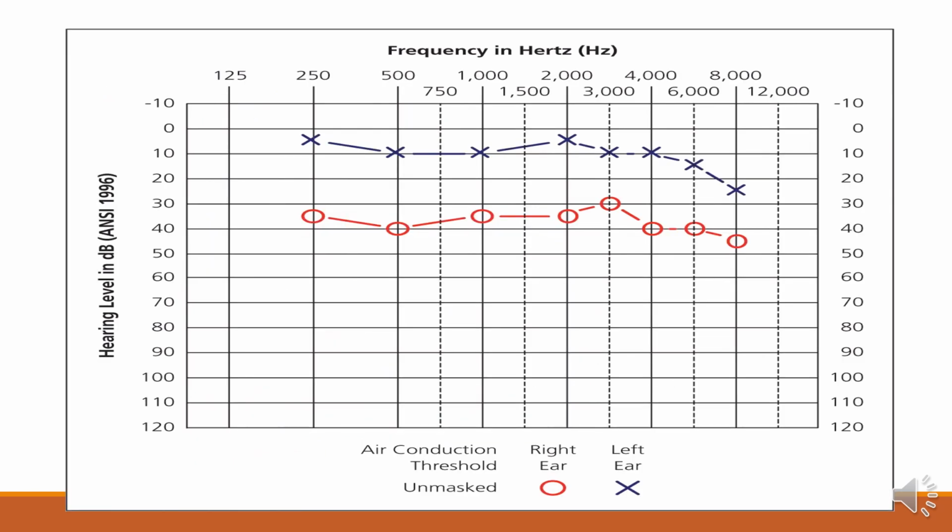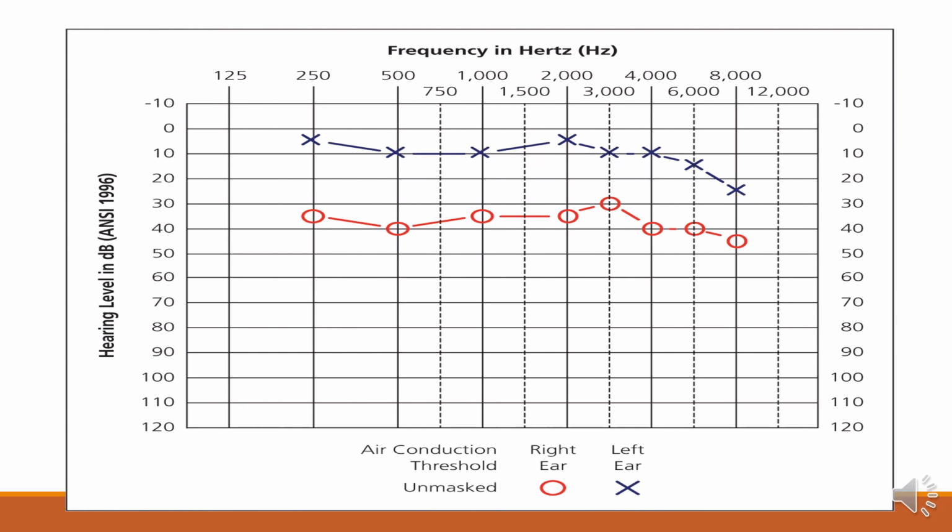Here an audiogram is in front of us. This is called a pure tone audiogram. We take frequency along the x-axis and hearing level in decibels, or loudness, along the y-axis. You can see the frequency ranges from 125 Hz to 8000 or 12,000 Hz, while the hearing level goes from -10 decibels up to 120 decibels.